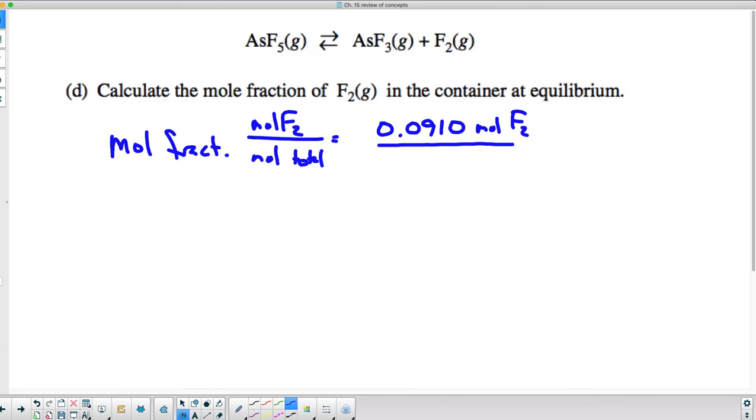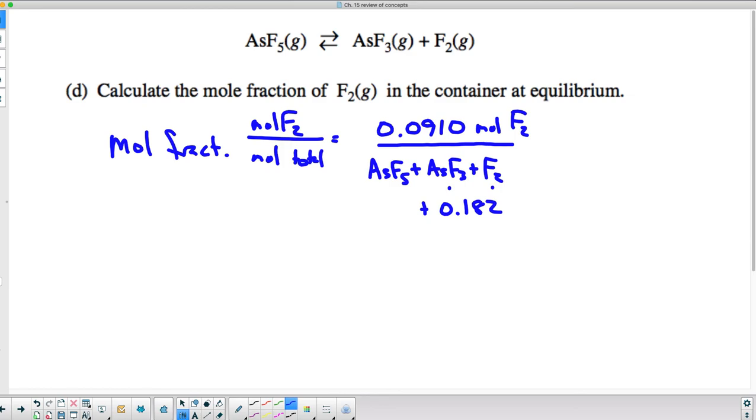I'm going to divide that by the total. The total means the moles of AsF5 plus the moles of AsF3 plus the moles of F2. Okay, now these two are going to be the same, so that would be 0.0910 times 2 equals 0.182. That's what these two are.